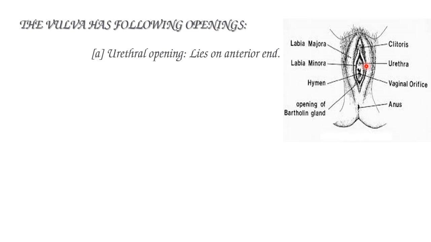So that means through this urethra the urine is ejected. Vaginal orifice or vaginal opening. So the vaginal opening is present at this posterior region of the vulva or external genitalia.